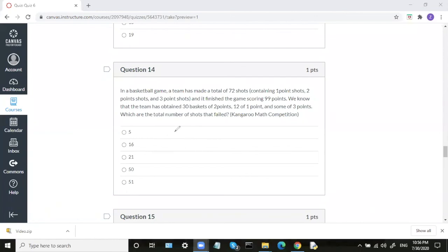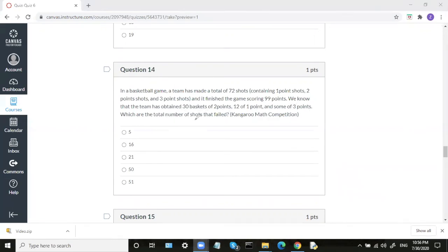Problem 14. In a basketball game, a team made a total of 72 shots, containing 1-point shots, 2-point shots, and 3-point shots, and it finished the game scoring 99 points. We know that the team obtained 30 baskets of 2 points, 12 of 1 point, and the rest of 3 points.